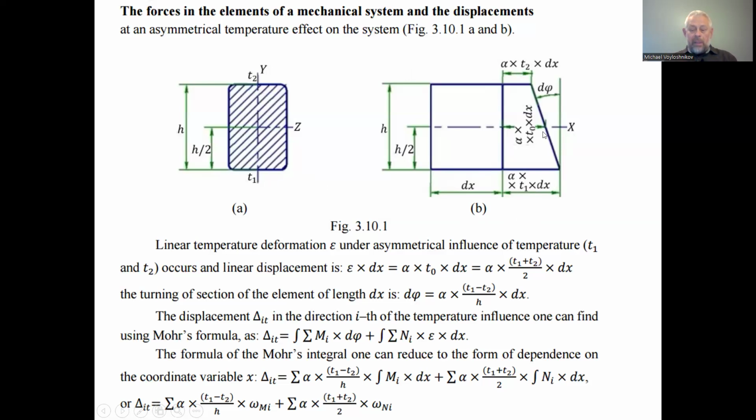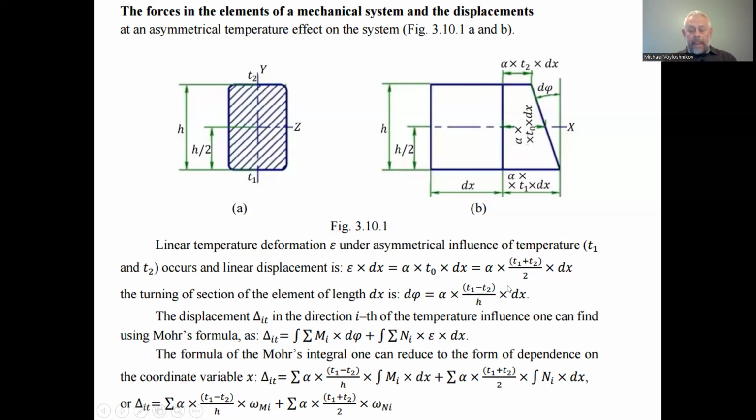And as well, in the midline of this trapezoid, or the midline of the transverse section of this segment of the beam, we have the expansion of the beam by alpha, product by T0, product by dx. For T0, we assume that we have linear distribution of the temperature inside of the cut of the beam heated by one temperature on one side and another temperature on the other side.